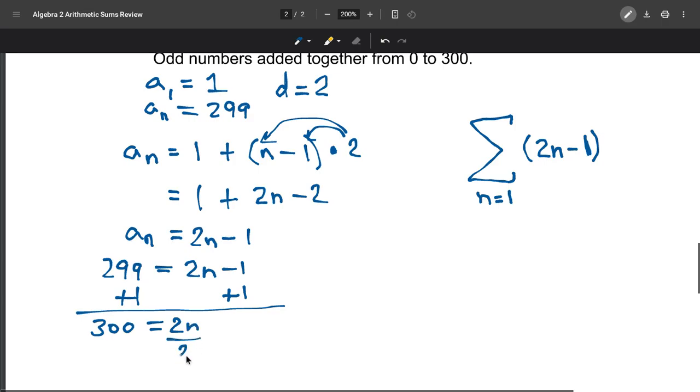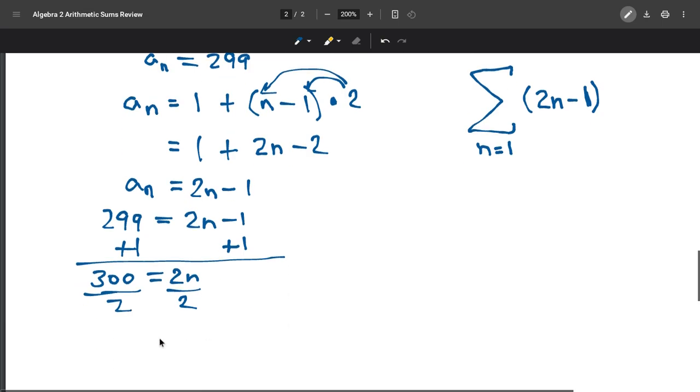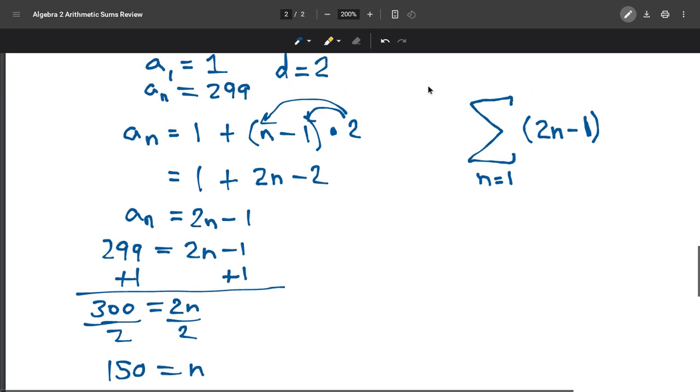Divide by 2. And n is going to be 150. So that's going to go right on top here. So 150, okay? And there we go. We've got our summation notation.